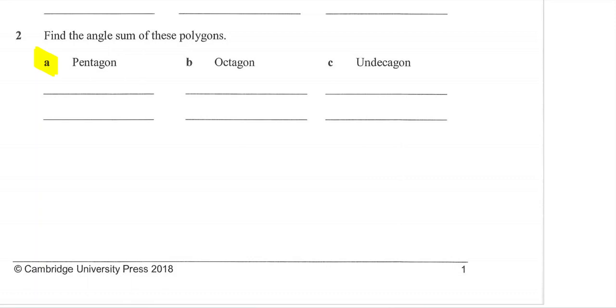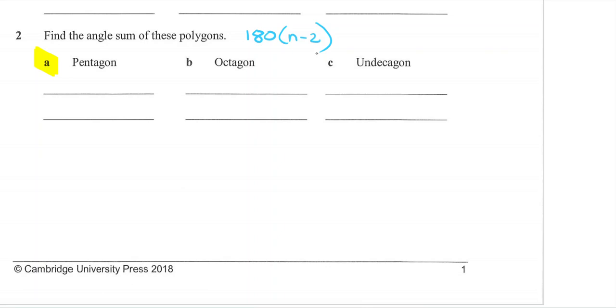You might remember all those names and needing to remember how many sides that means. And we had a formula which was 180 bracket n minus 2. That formula will tell you the angle sum of any polygon if you know the number of sides.